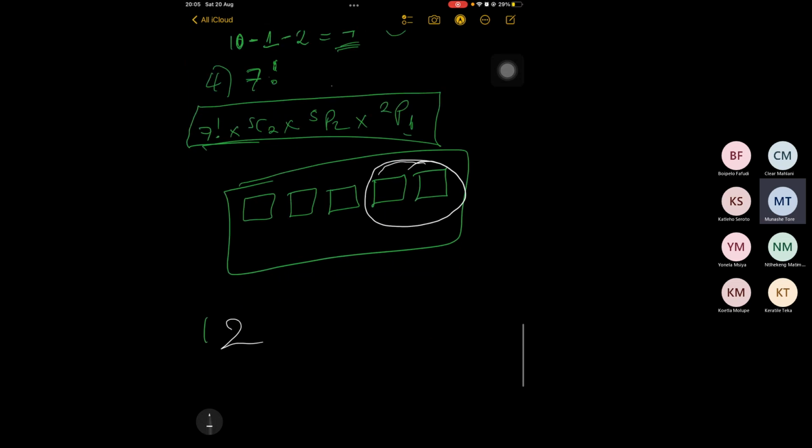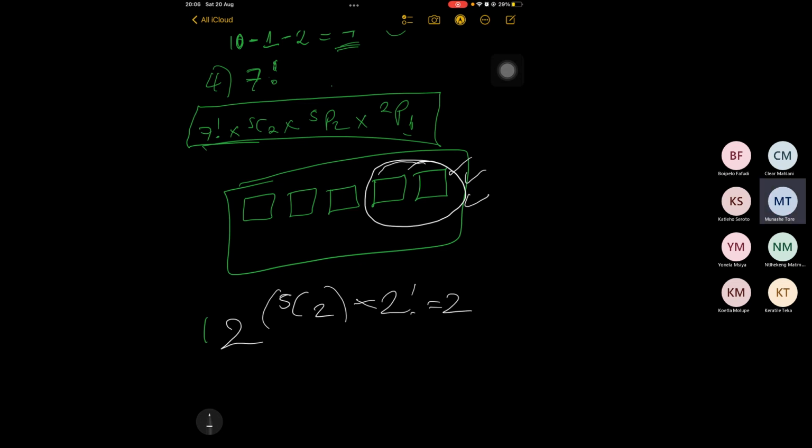It's 5 choose 2. But in how many ways can the 2 cars we just chose be arranged in these 2 positions? In 2 factorial ways, so 2 factorial is just equal to 2.